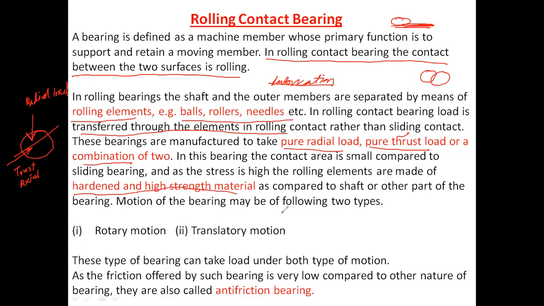The motion of the bearing may be of two types, rotary or translatory, and it can take a combination of both motions also. The friction offered by such a bearing is very low as compared to a sliding bearing, and they are called anti-friction bearings.